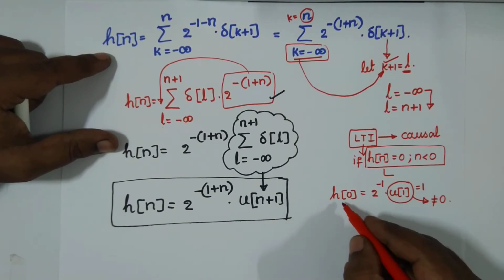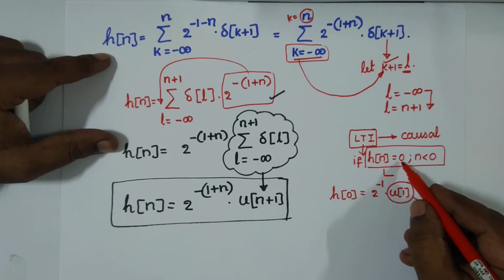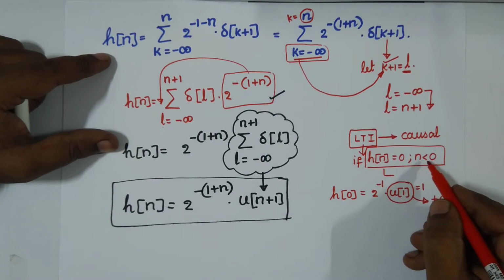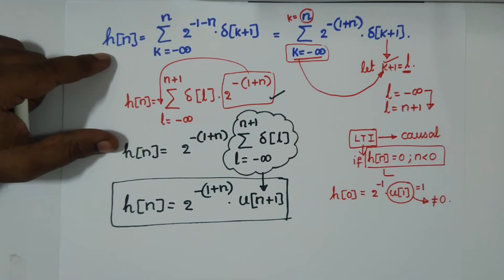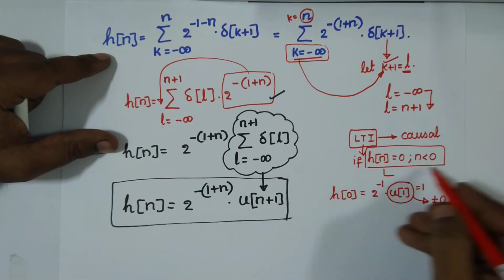This is okay, because h of n must be equal to 0 only for n less than 0. For n greater than or equal to 0, h of n need not be equal to 0.